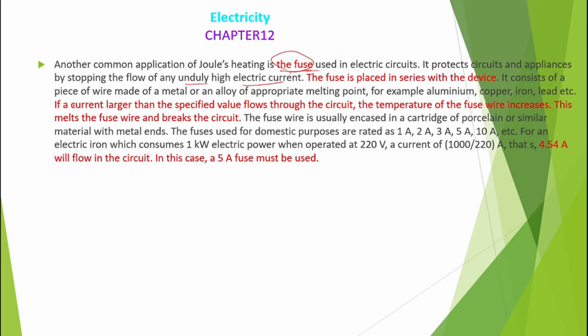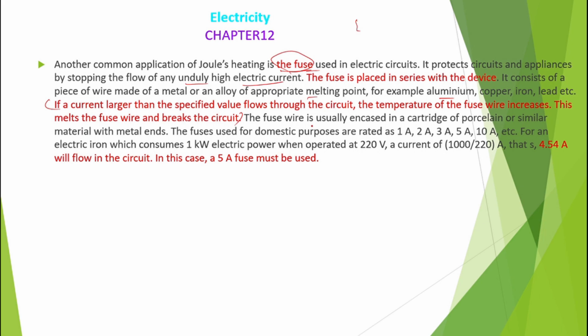It consists of a piece of wire made of a metal or alloy of appropriate melting point, for example aluminum, copper, iron, lead, etc. If a current larger than the specified value flows through the circuit, the temperature of the fuse wire increases. This melts the fuse wire and breaks the circuit. This is very, very important.